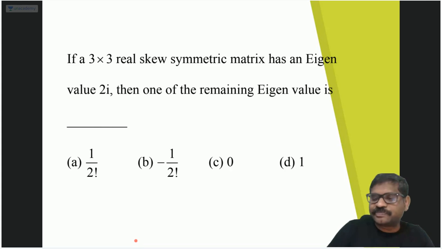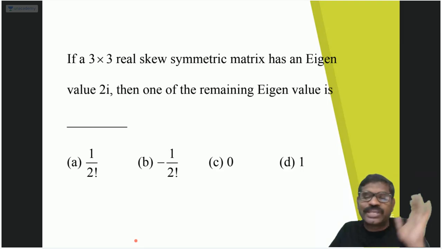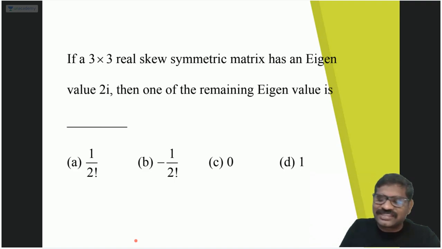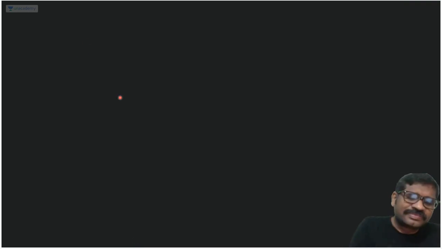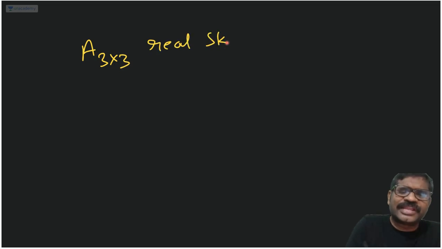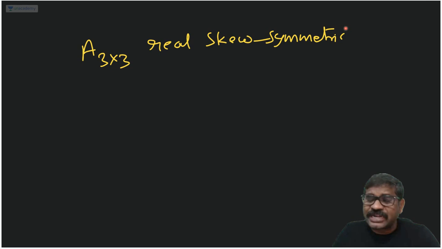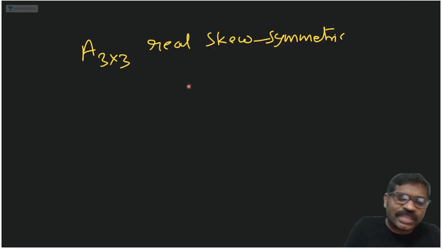Next problem. If a 3 cross 3 real skew symmetric matrix has an eigenvalue 2i, then one of the remaining eigenvalues is, observe, the matrix is 3 cross 3 real skew symmetric with one eigenvalue 2i.